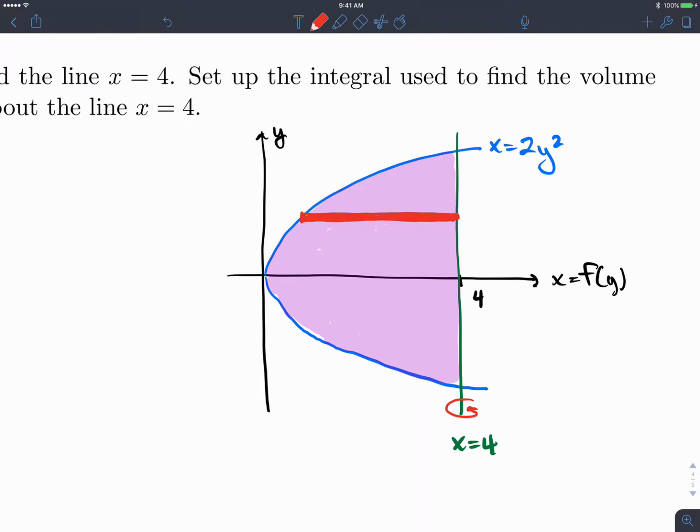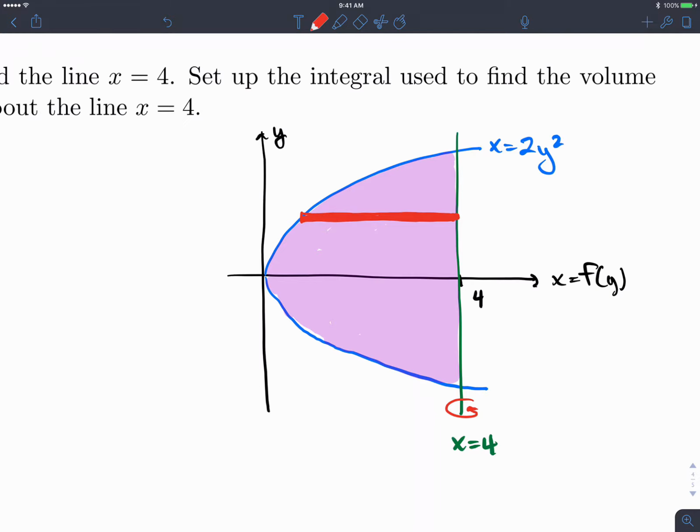So bounds would be the next thing we need to consider. Now in this case, we weren't explicitly given our bounds, but we do know that they're going to be y equals something. And we're going to do this in a similar fashion to the way we did that second problem. We're going to take our two curves, x equals 2y squared and x equals 4, set them equal to each other, and solve.